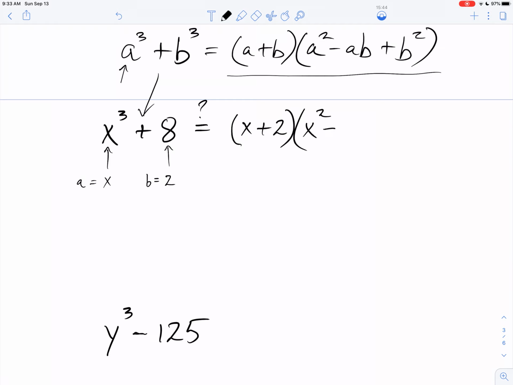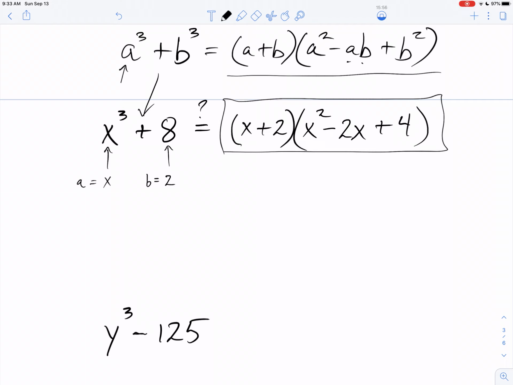And then we don't write x2, that looks weird, so we just say 2x. And then plus b squared. Well, what would 2 squared look like? It would look like 4. And that is how you factor the sum of 2 cubes.